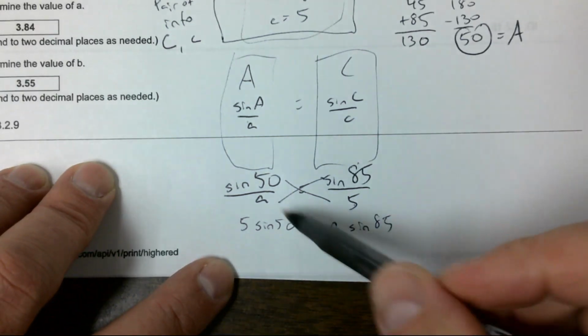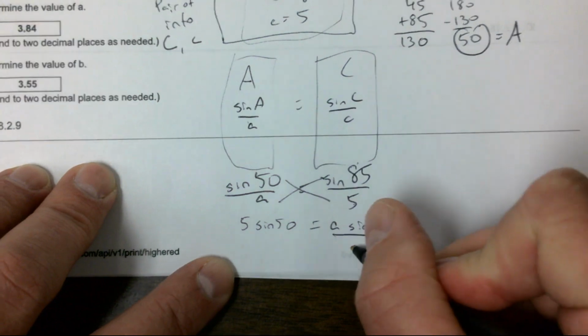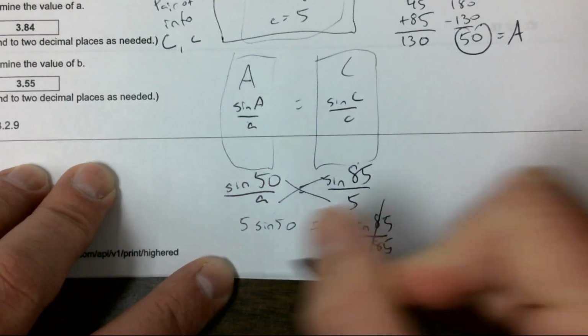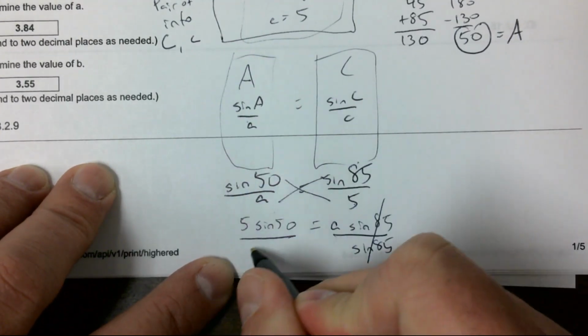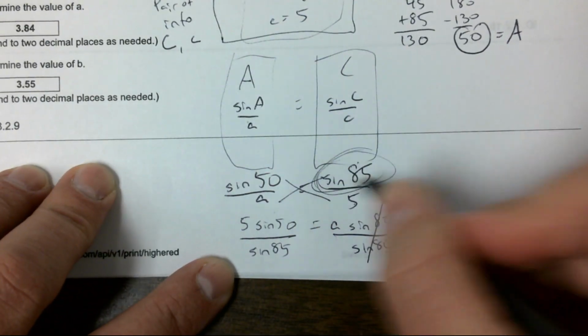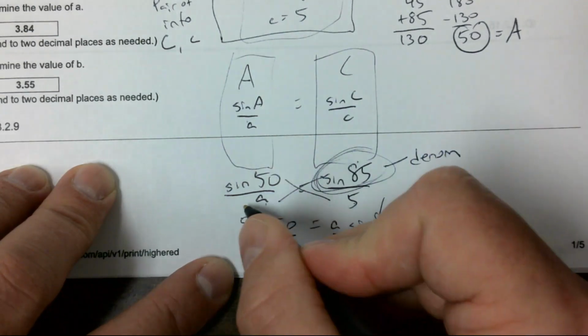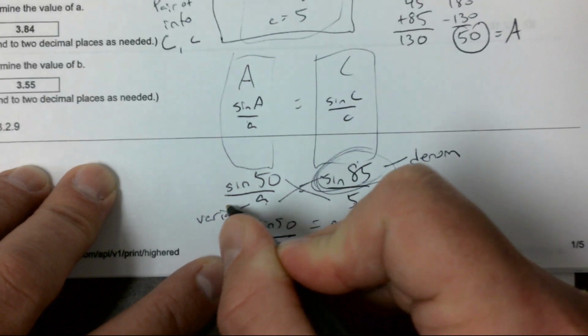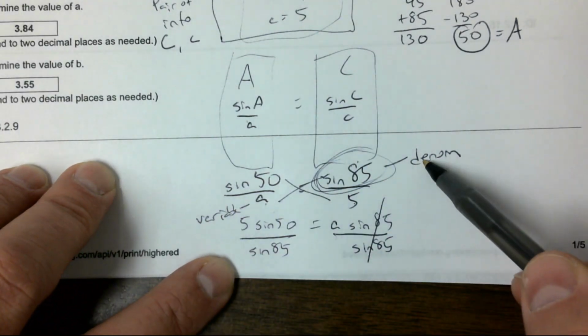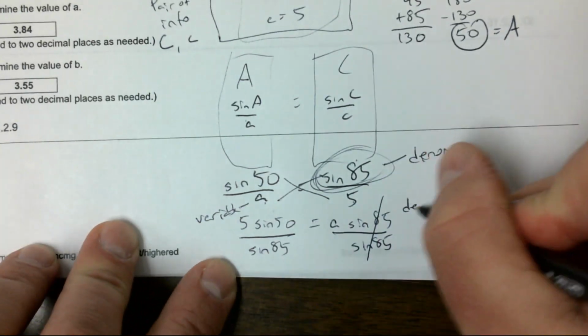So that's your cross multiplying, which is what we did at the very beginning. Now, I usually don't write that step. Once you get used to it, you'll know that this becomes your denominator. If you have a variable here, then your denominator is going to be over there. And then you just use your calculator and make sure you're in degree mode.